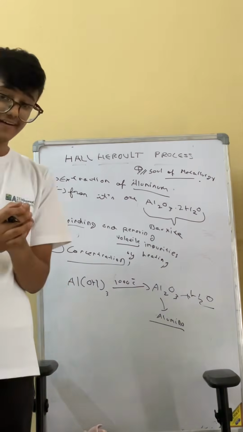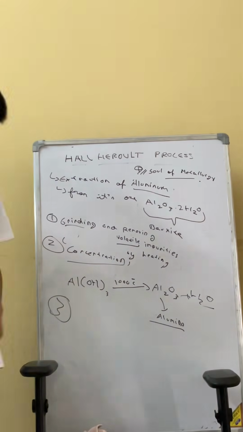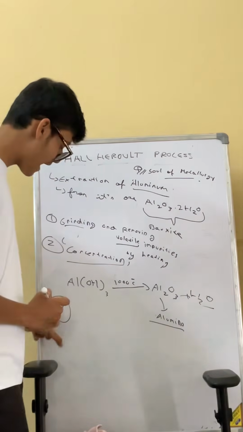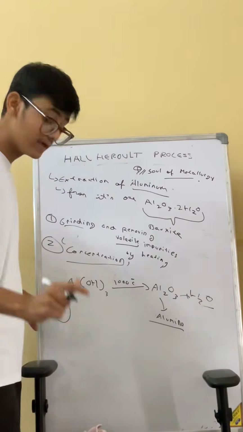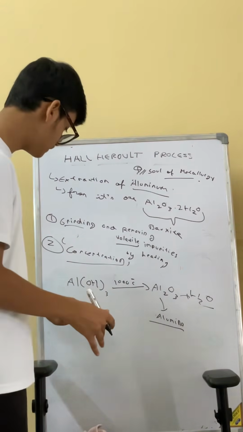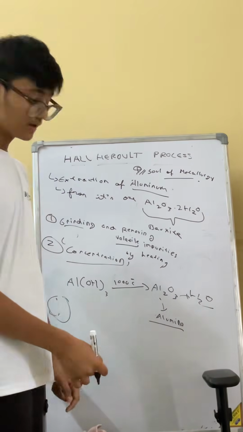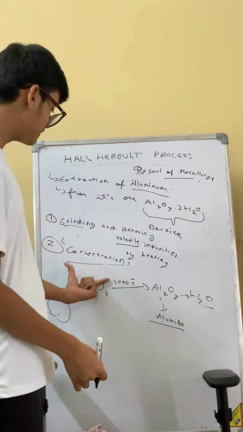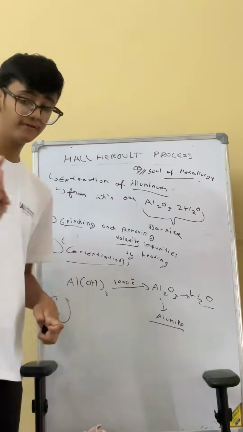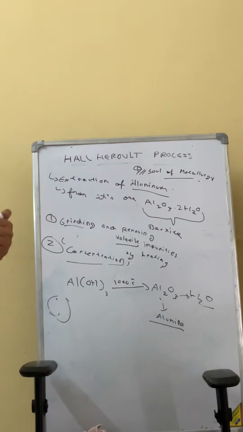So congratulations, we just missed a step. That means we don't need the typical third step, which would have been conversion into a metal oxide. Since we have already done that in concentration, we won't need it, and we're going to switch gears to something else.